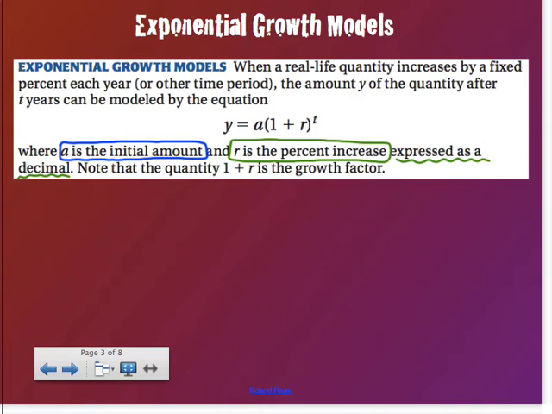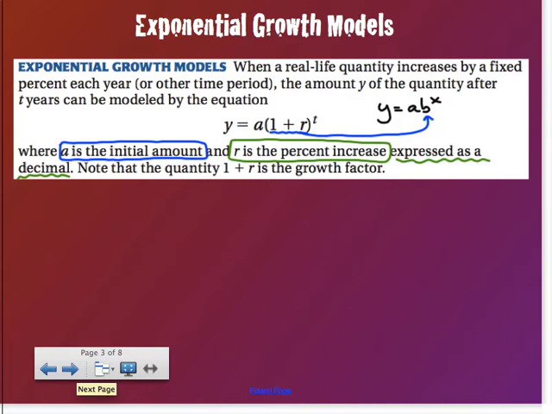Now, you might ask yourself, how does this relate to the exponential growth function? Well, my exponential growth function from yesterday was y equals a b to the x. If I wanted something to grow, I needed b to be bigger than 1. If you look at the growth model, I have 1 plus r sitting right there. I think that relates directly to b. We're taking 1 plus r to some value that we call t.